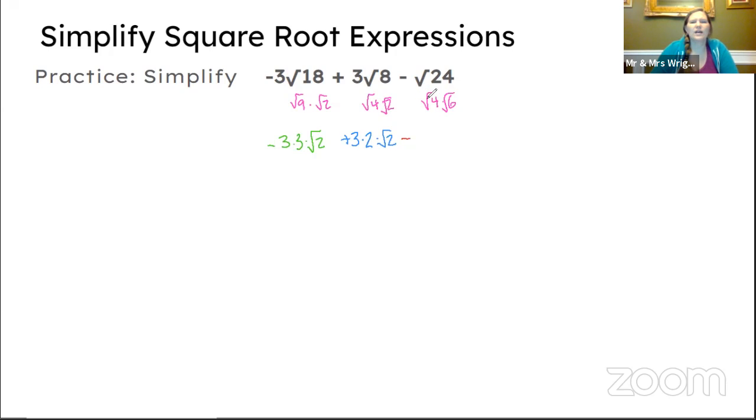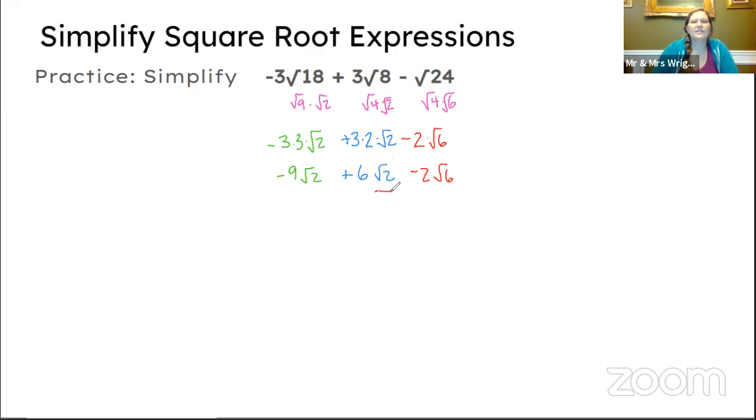So this radical 4 becomes a 2, and radical 6 is going to stay right there. So let's just combine these coefficients. Negative 3 times 3 is negative 9 radical 2. And then 3 times 2 is 6 radical 2. And this is negative 2 radical 6.